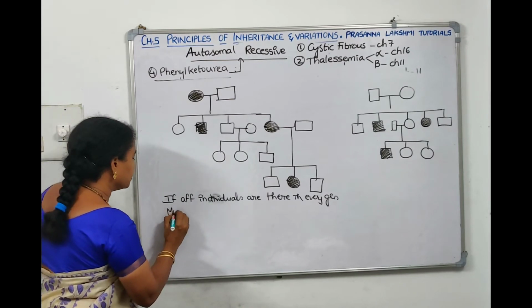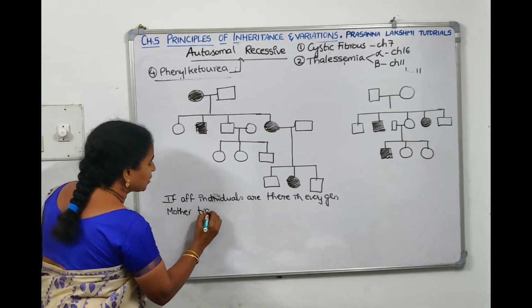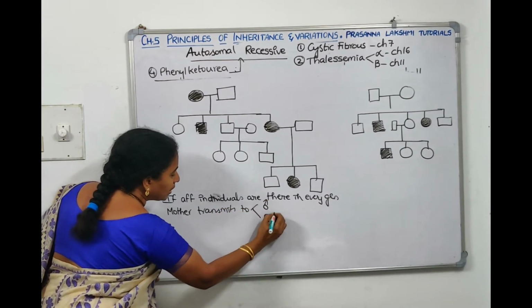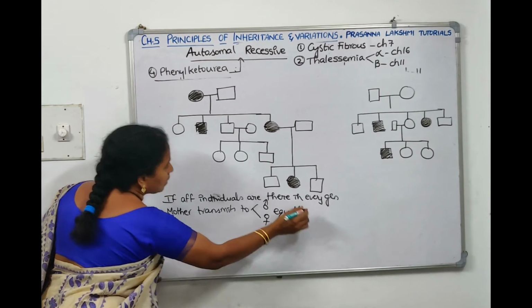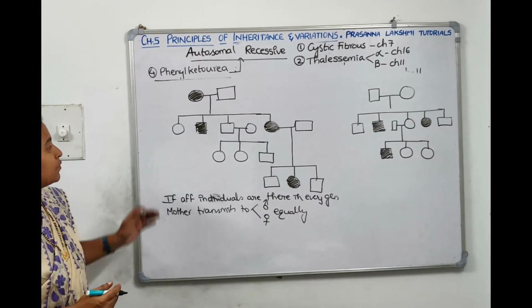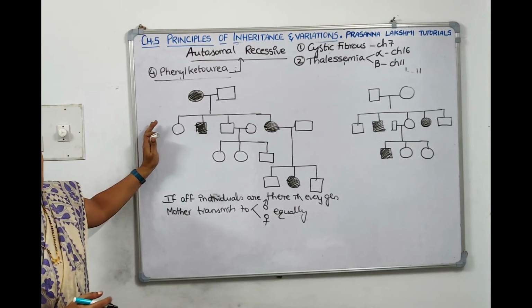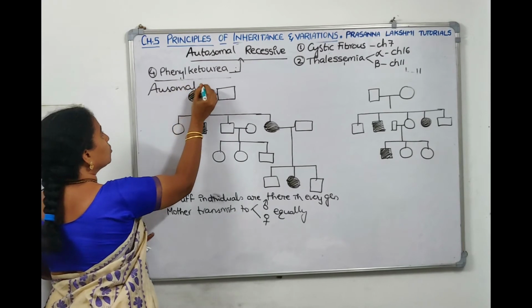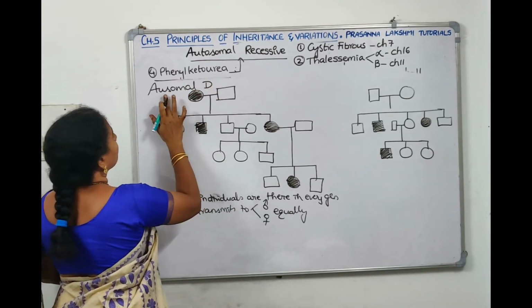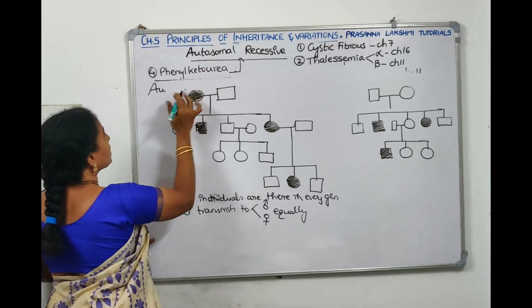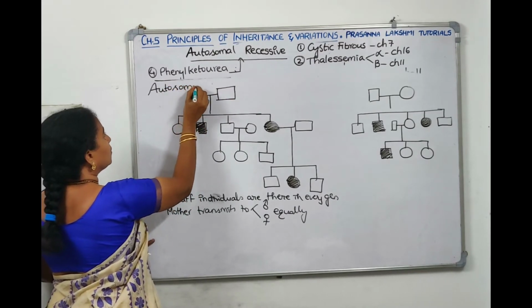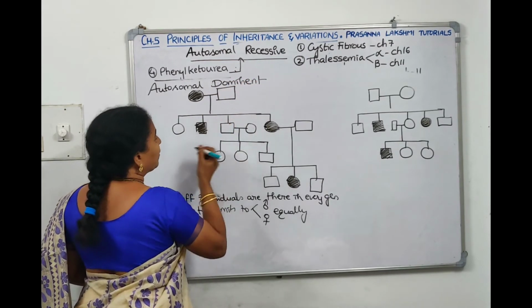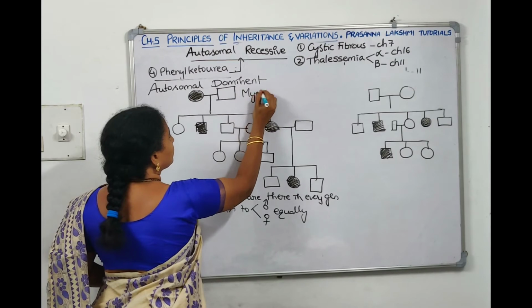And if the mother transmits to son and daughter equally, then it is also an autosomal disorder. So we concluded this pedigree is autosomal dominant. An example of autosomal dominant is myotonic dystrophy.